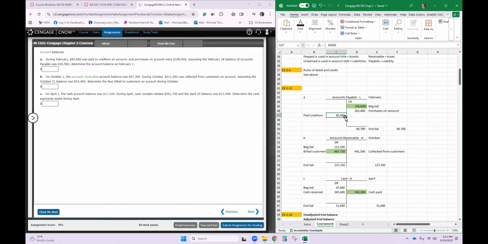We have purchases on account, which I've labeled here, should be 108,900. Okay. The ending balance was 36,580. Now I have a formula here. So what this does is it takes the beginning balance, right?